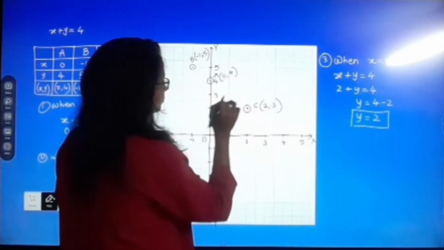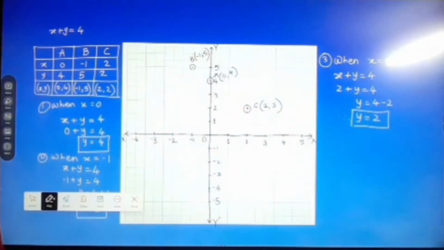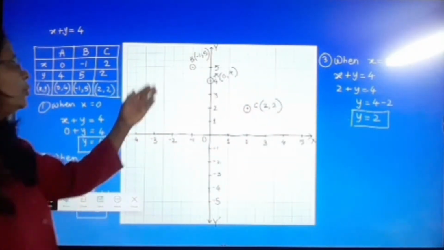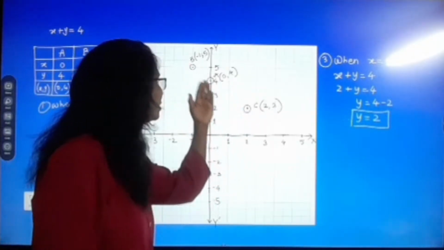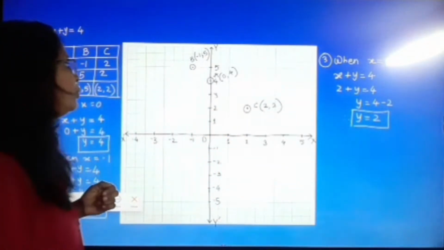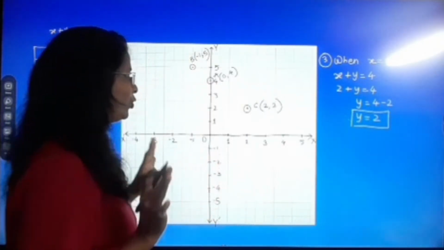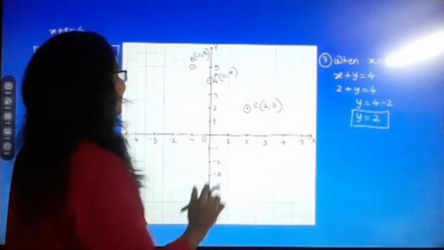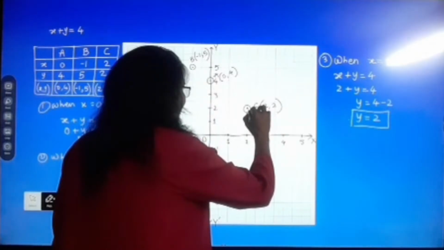Okay, this way. So now here students, we draw the line passing through these 3 points. So I draw it roughly.